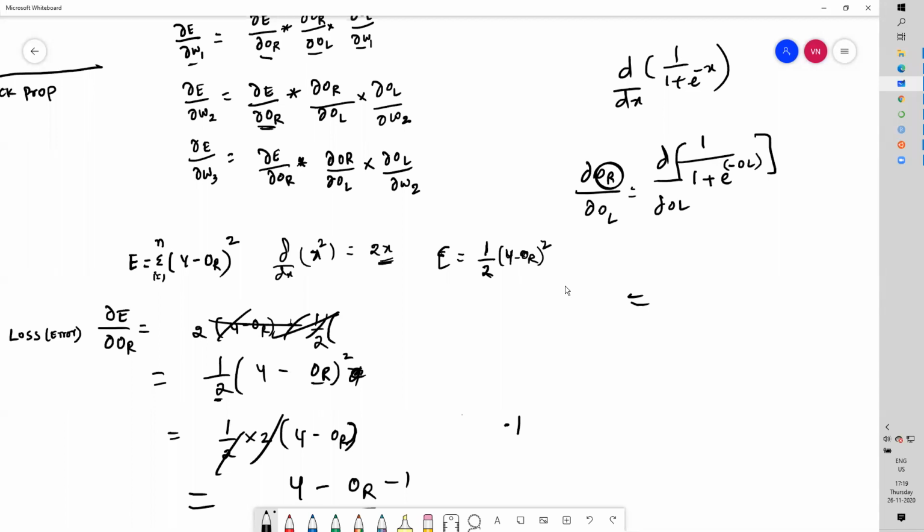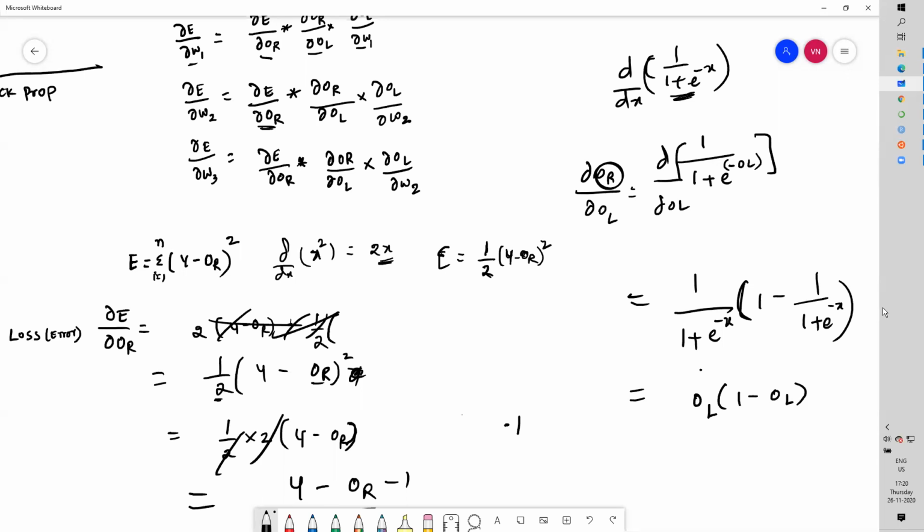This is generally given by 1 by 1 plus e to the power of minus x into 1 by 1 plus e to the power of minus x. So this is the derivative of 1 by 1 plus e to the power of minus x. In the same way, if we try to write this, it is OL into 1 minus OL. Why?